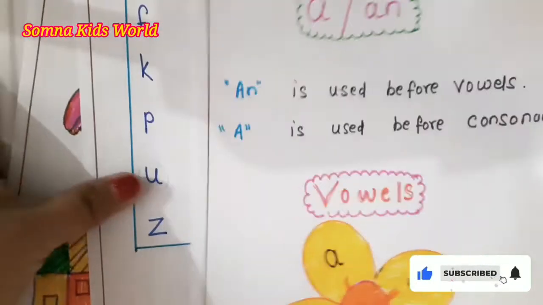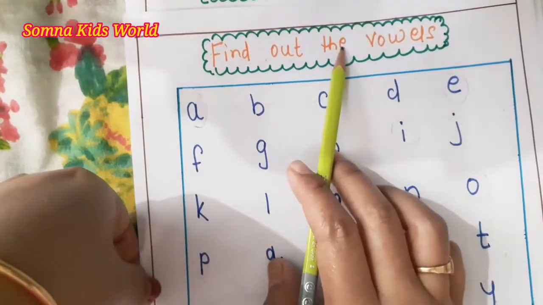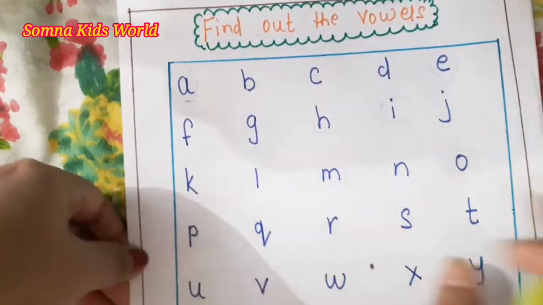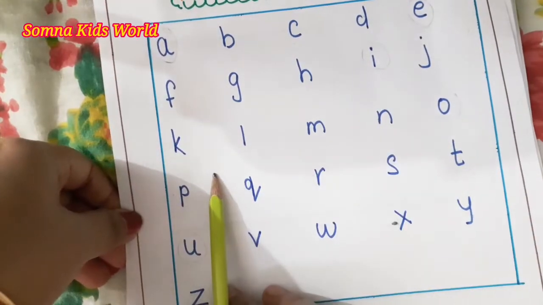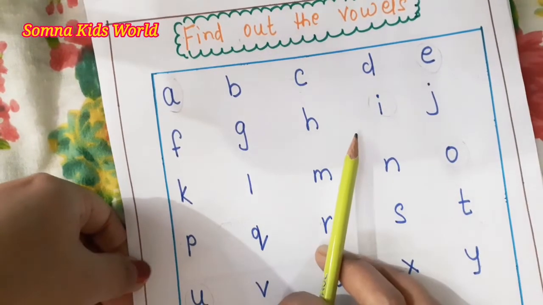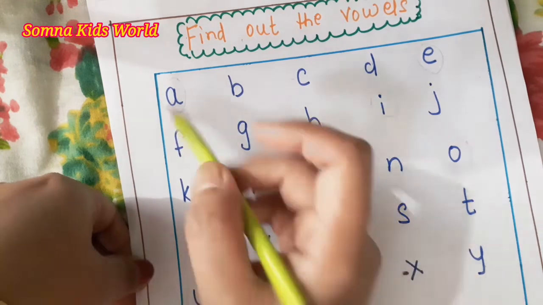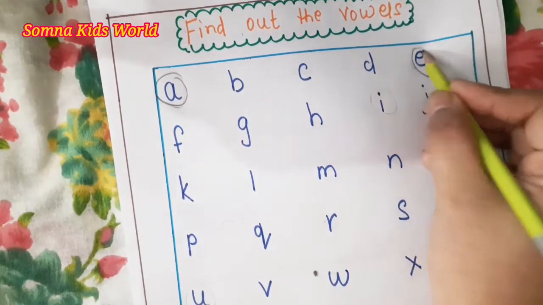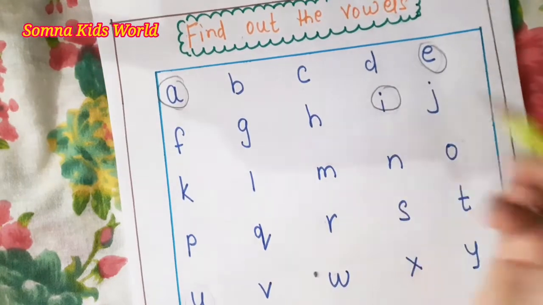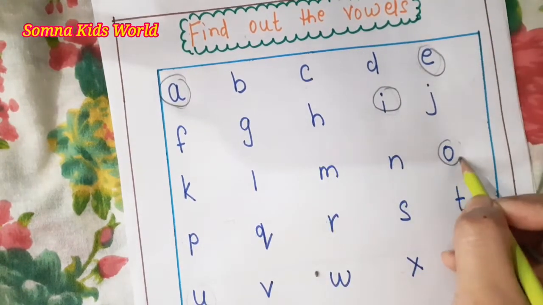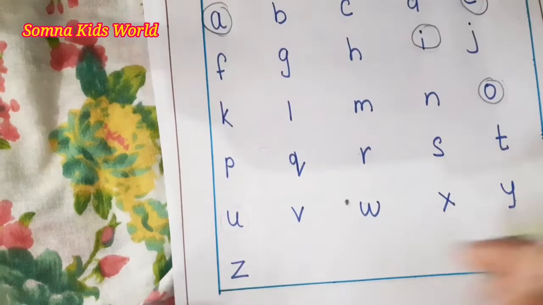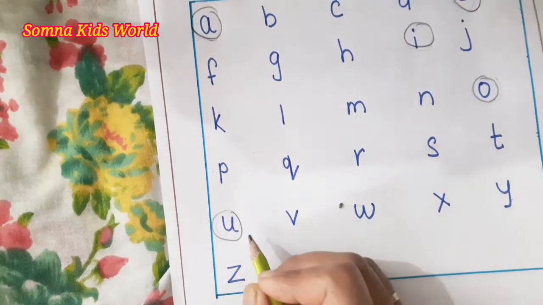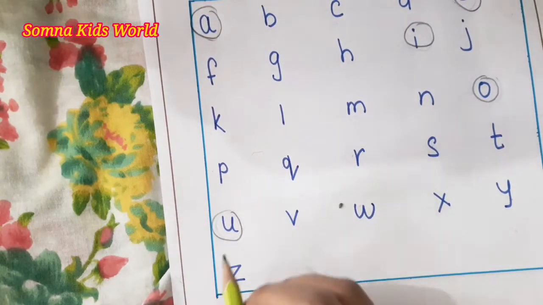Now, let us see. Find out the vowels. I have written all the letters here and you have to find out what the vowels are: A, E, I, O, U. These are vowels.